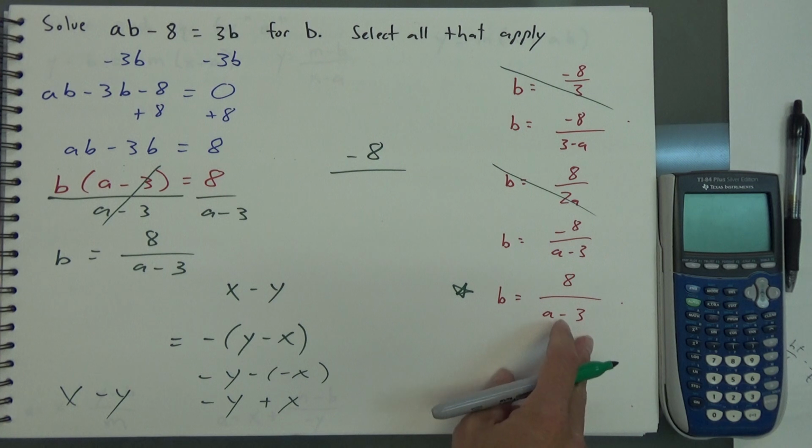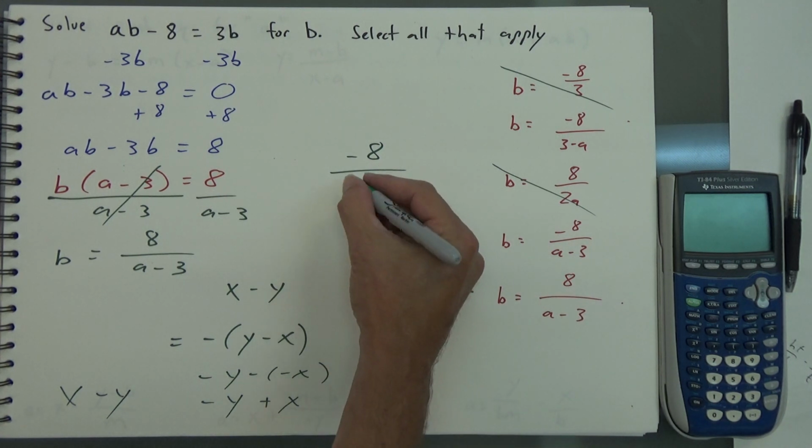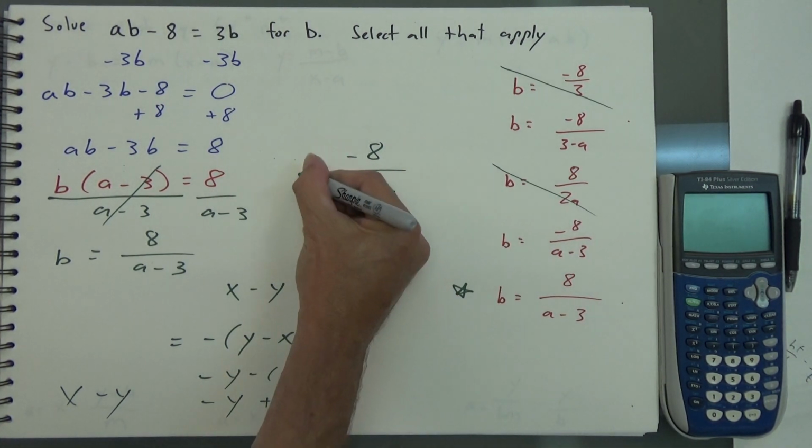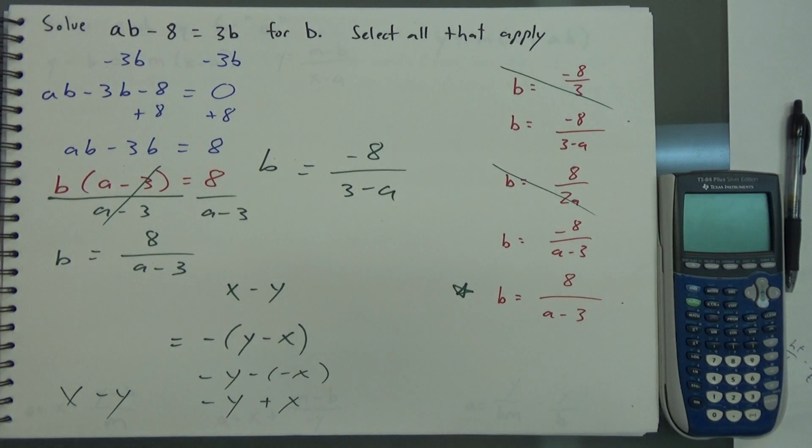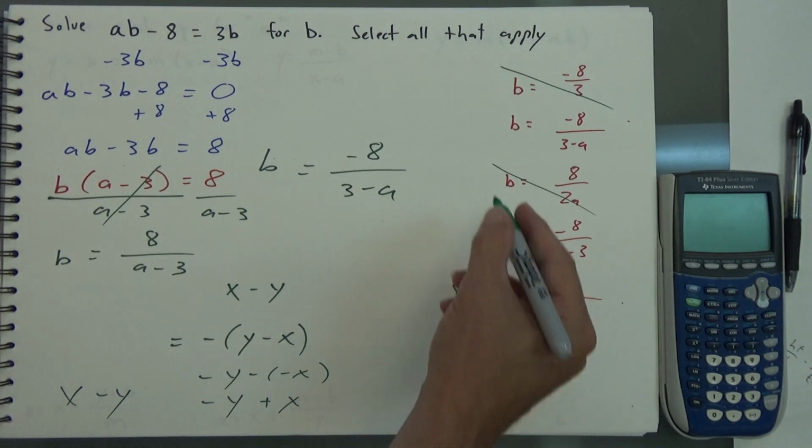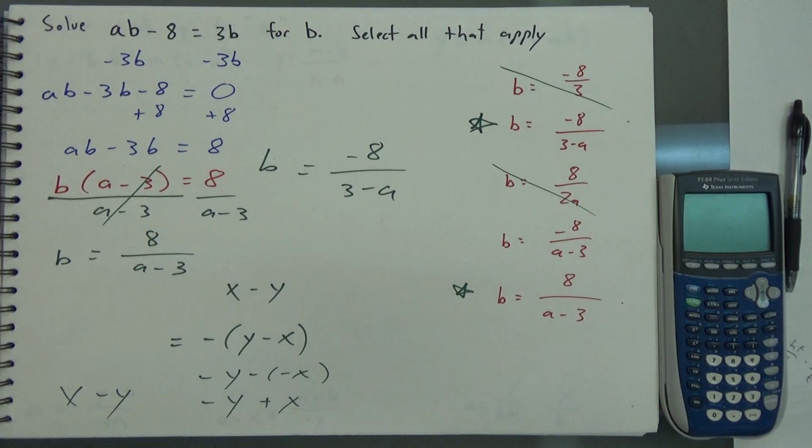Then I can switch these two, and instead of A minus 3, I get 3 minus A, which is that one. All right, so those are equivalent, and so you would check both of those.